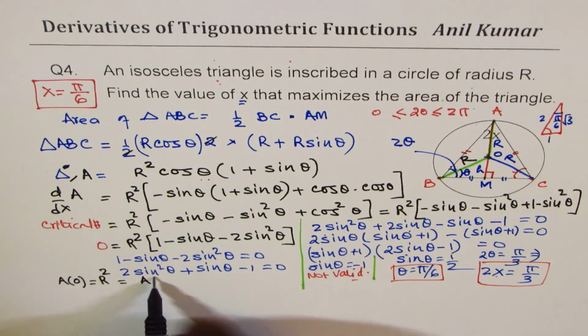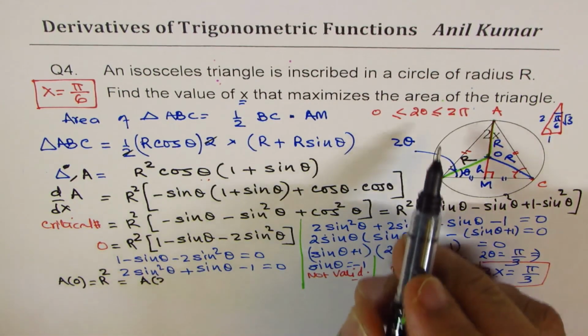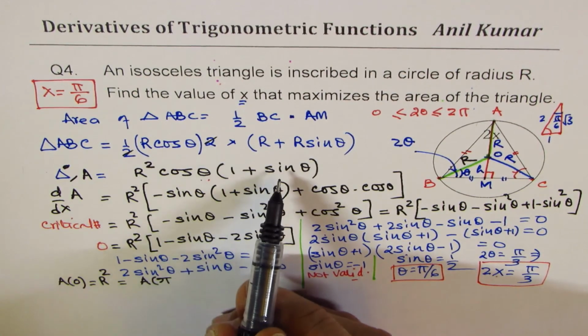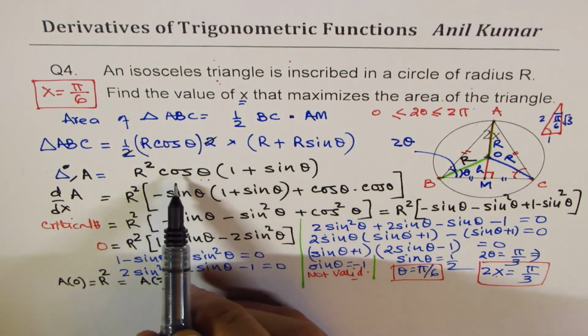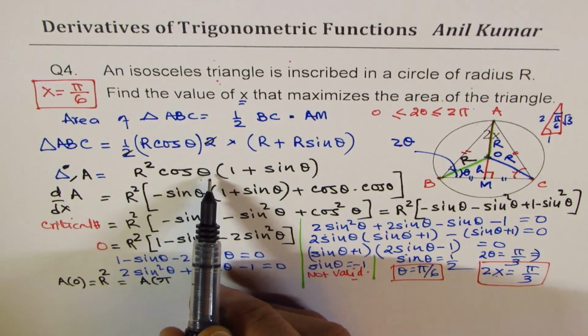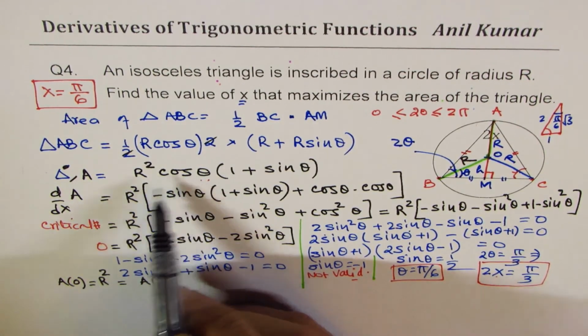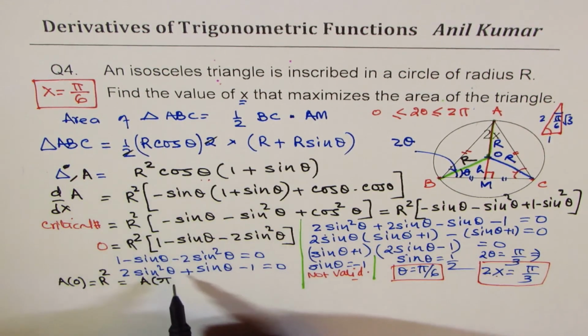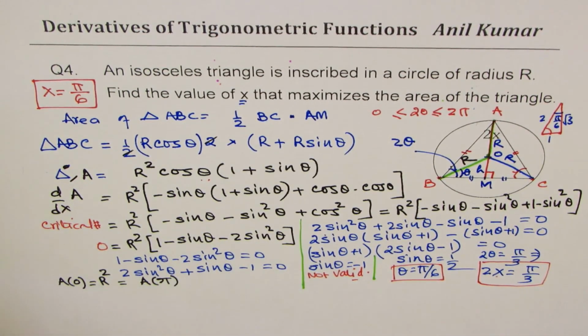The same for the angle pi: sine pi is 0, cos pi is minus 1, so we have to take the absolute value, of course, when we are talking about area. So it is again r square.